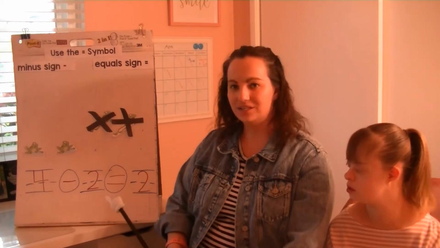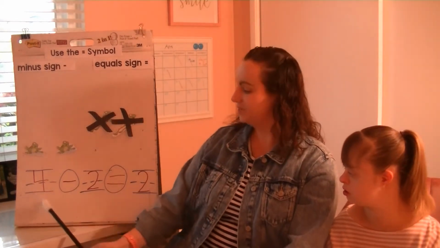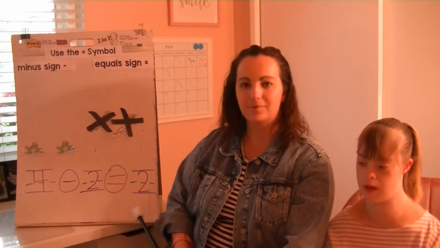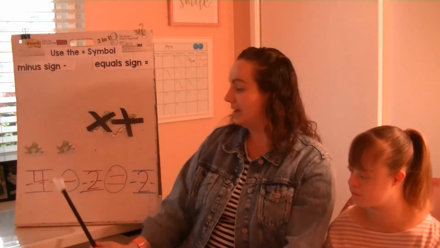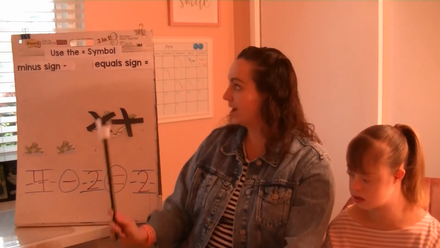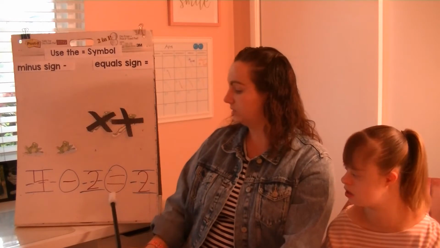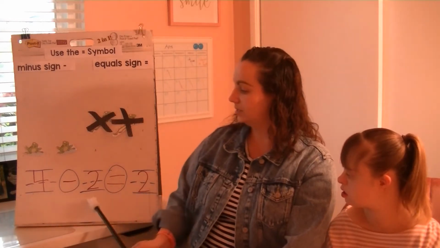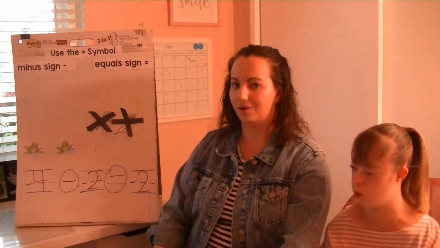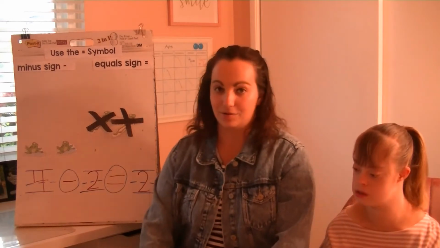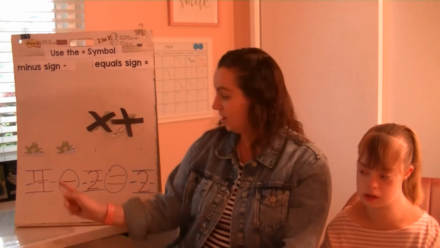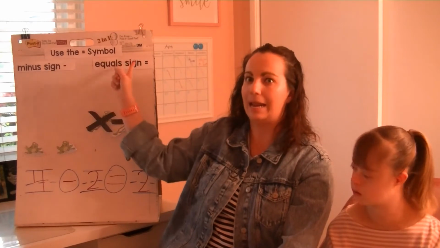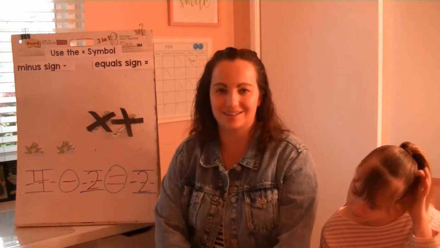Yes! Awesome job. This is a truly good-looking subtraction number sentence. We have our minus sign, so we know we're doing subtraction, and we have the equal sign to show what the subtraction is. We're going to do quite a few more problems using the minus sign and equal sign in our subtraction.